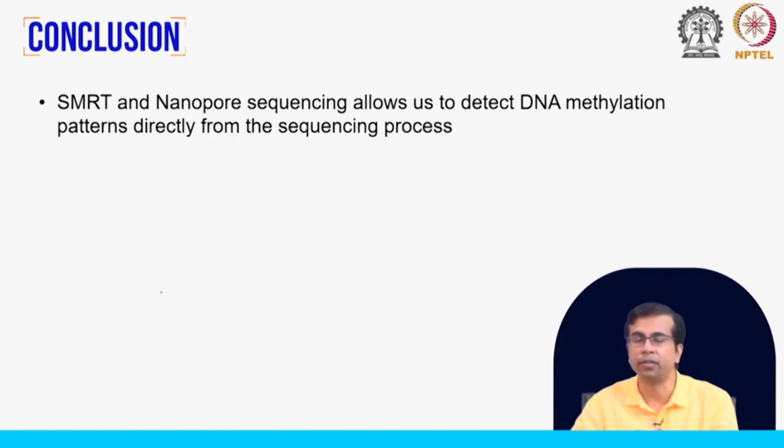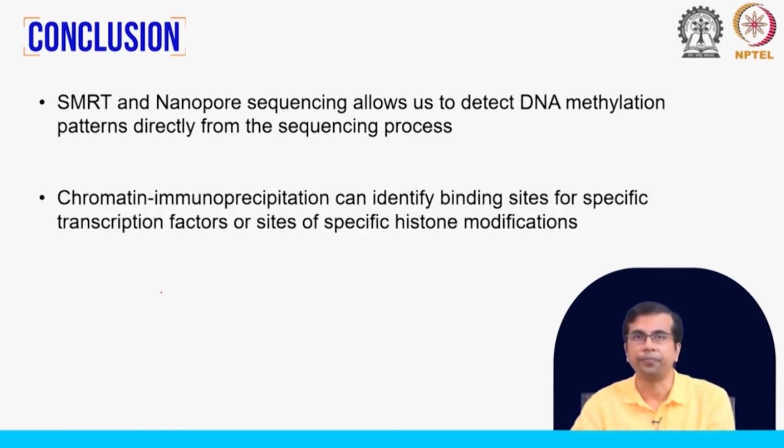Based on the distribution of values for these two parameters, the method can distinguish between methylated bases. And nanopore sequencing looks at the current signals, and each modification has a distinctive influence on the current signal, which can then be utilized to identify the modification.